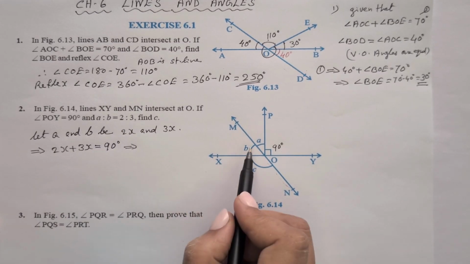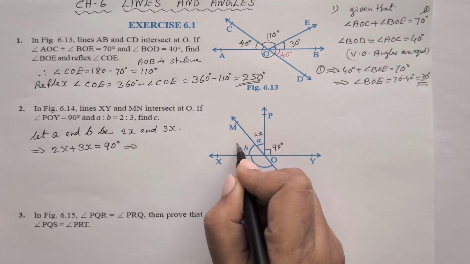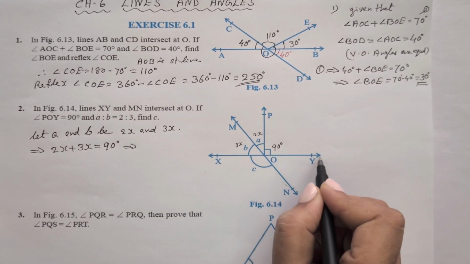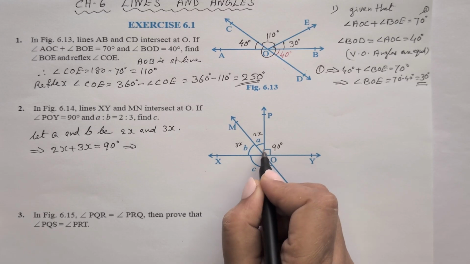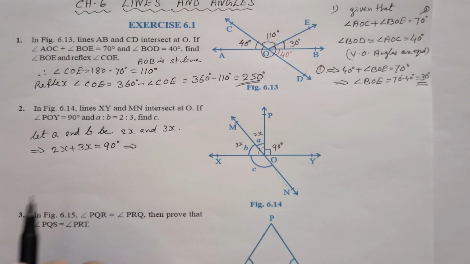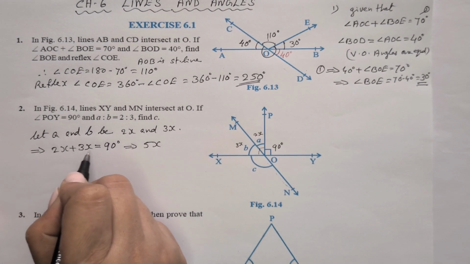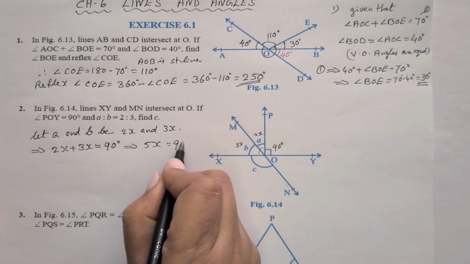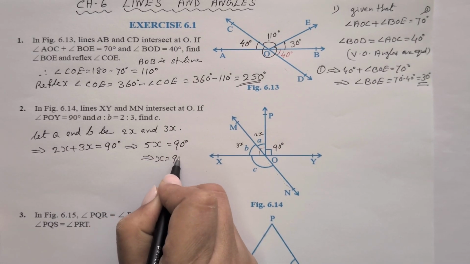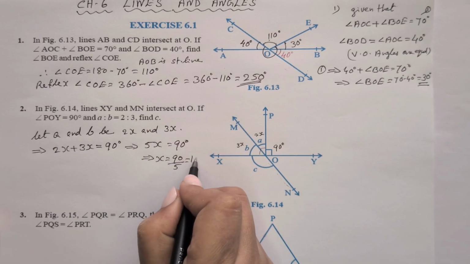Then 2x plus 3x is equal to 90 degrees, because the other side is 90 degrees. That means 5x is equal to 90 degrees. From that, x is equal to 90 by 5, and that is equal to 18.